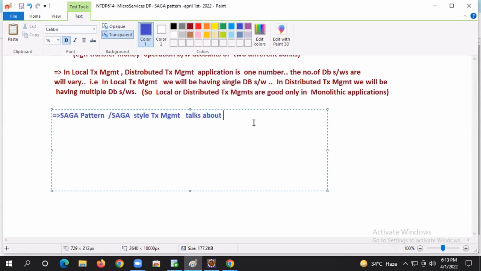SAGA style transaction management. Okay, what is that?